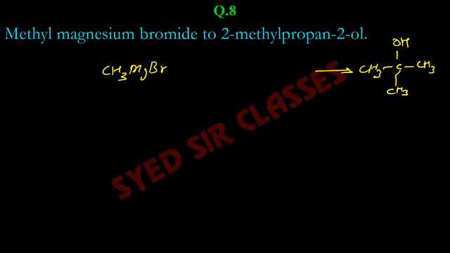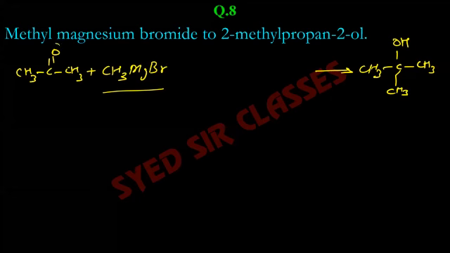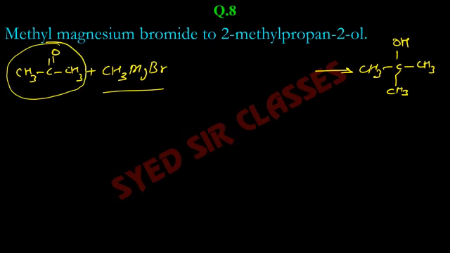You get CH3MgBr reacted with propanone, so it is basically the previous question, nothing else.